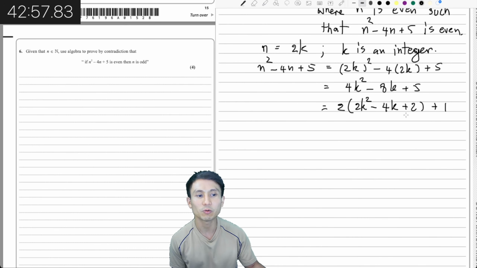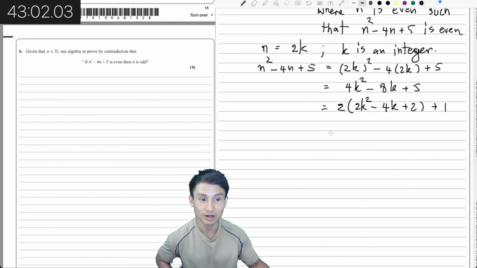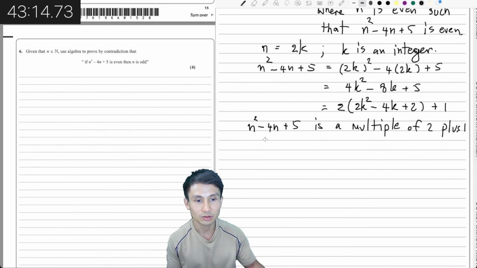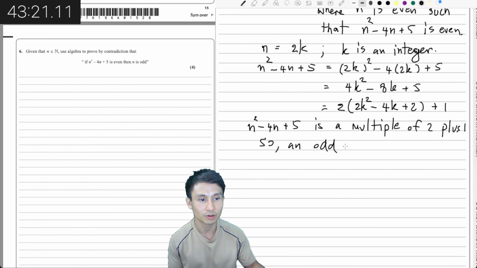So we know that when we have a multiple of 2 and then plus 1, this is not an even number. Okay, so I write n squared minus 4n plus 5 is a multiple of 2 but plus 1, so an odd number, right?